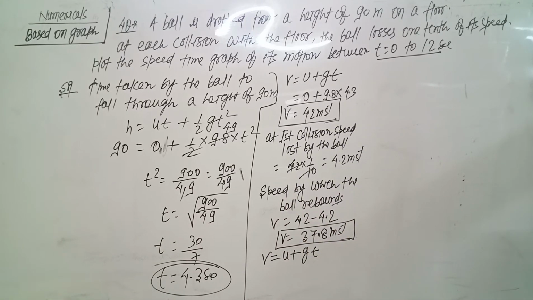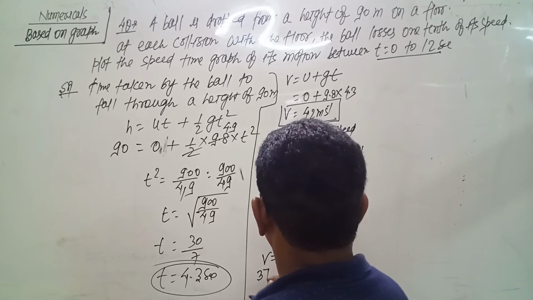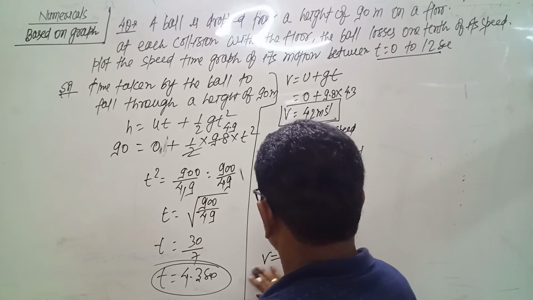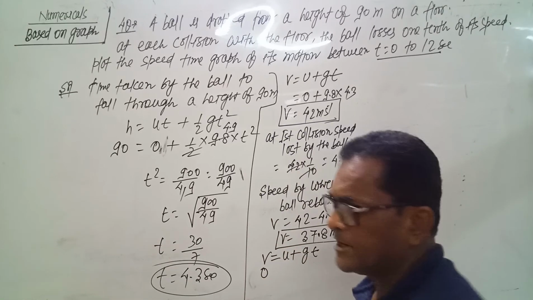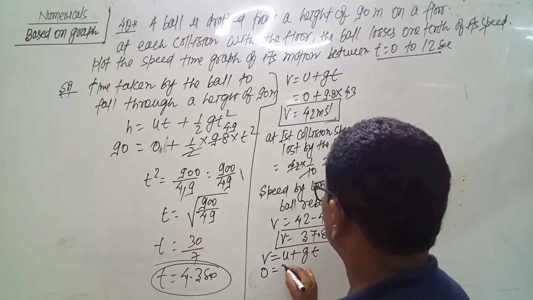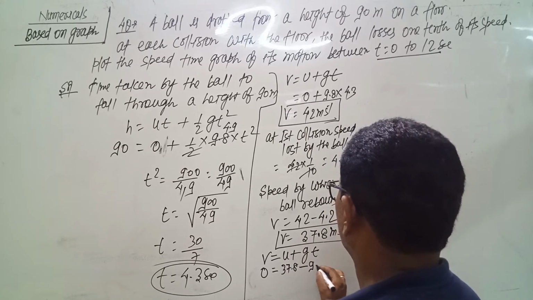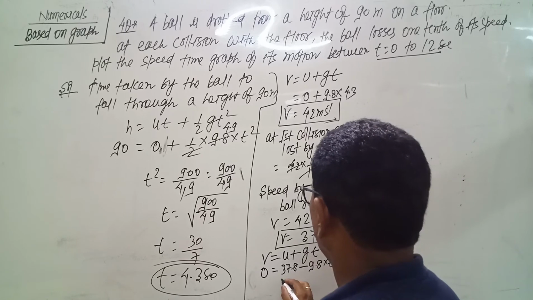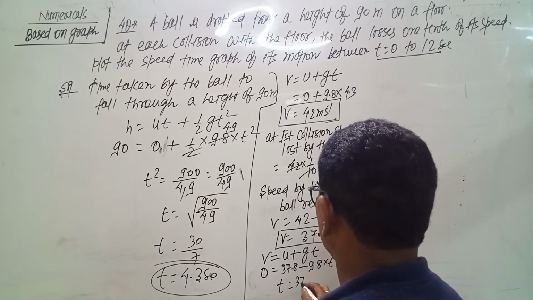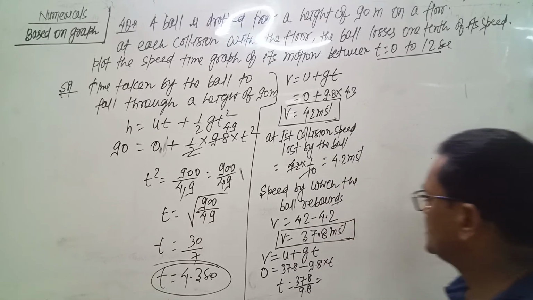The final velocity v becomes 0 when it reaches the highest point, and u is 37.8, g is minus 9.8, into t, so t comes to be 37.8 divided by 9.8.